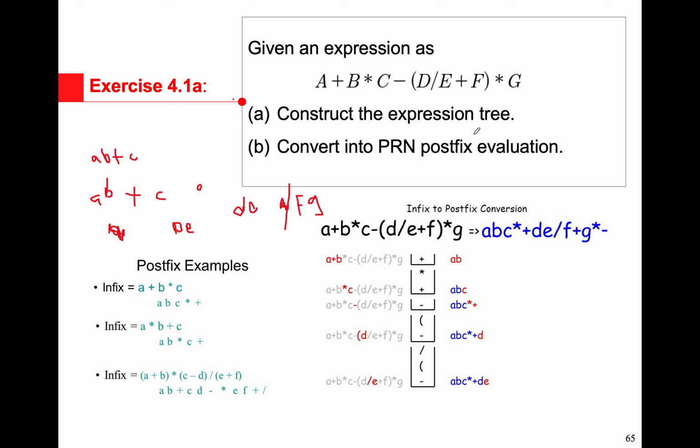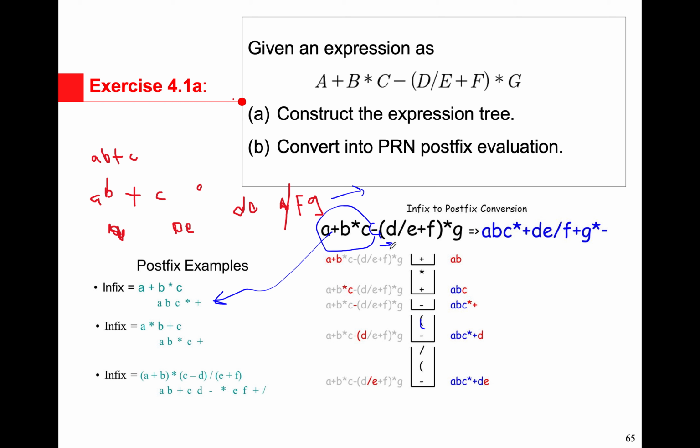But I just show you in terms of my explanation. You can also follow this example where when you meet, okay, this one is already done, right? This part is easy. When you continue, you will meet negative. You're going to store here, and you meet the bracket, you're going to store again in your stack.